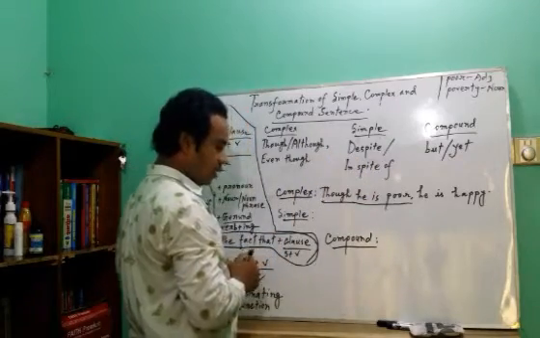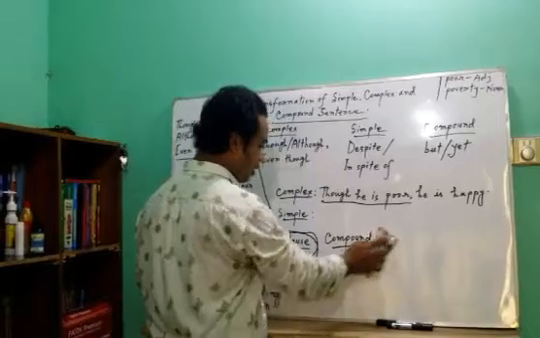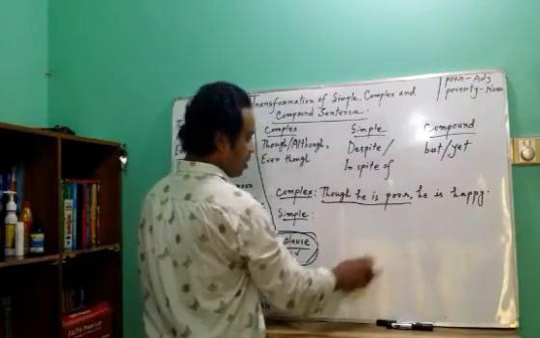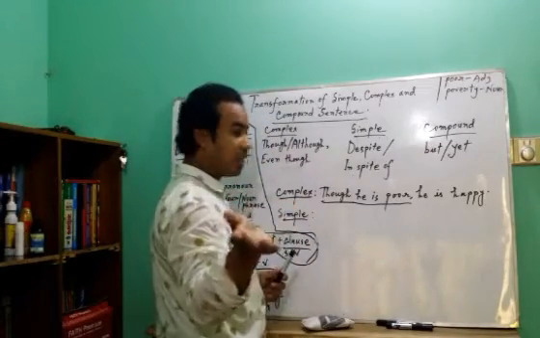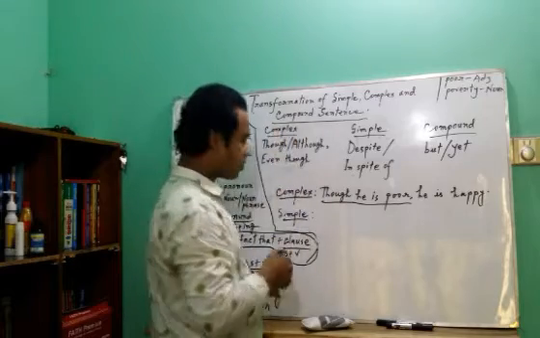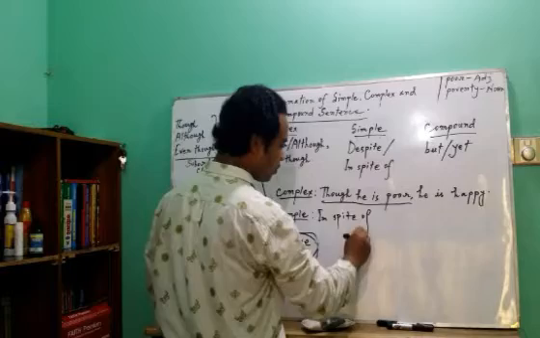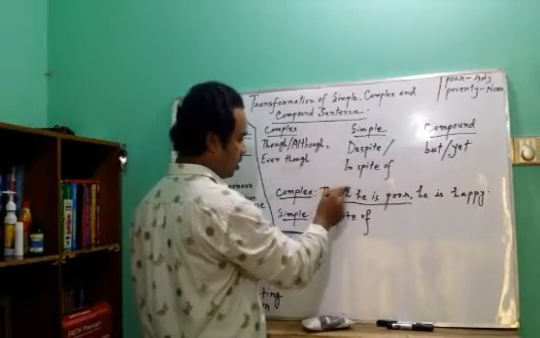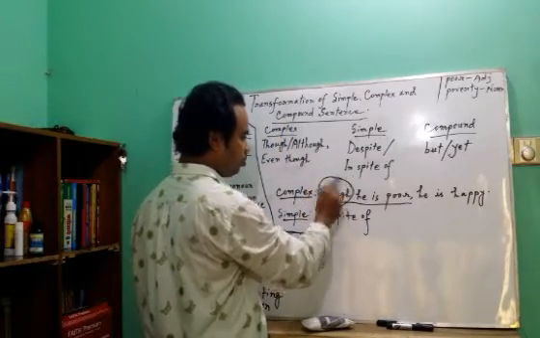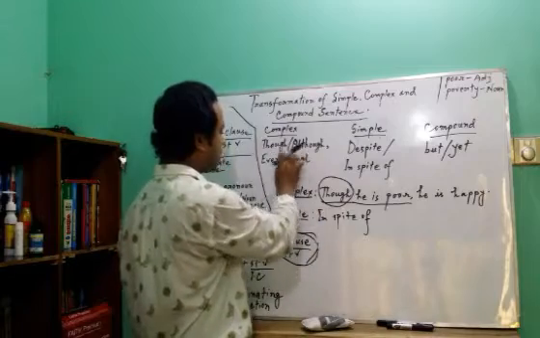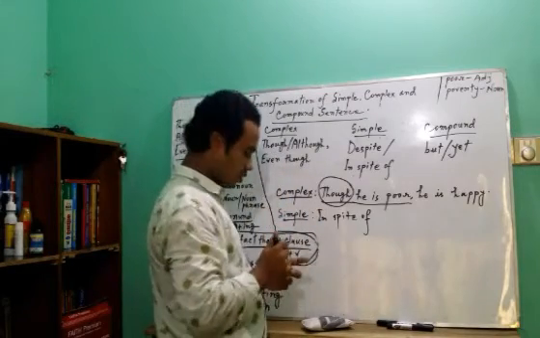I'm using in spite of here. You can use despite also. You have to omit though, or although, or even though. Even though is also possible.